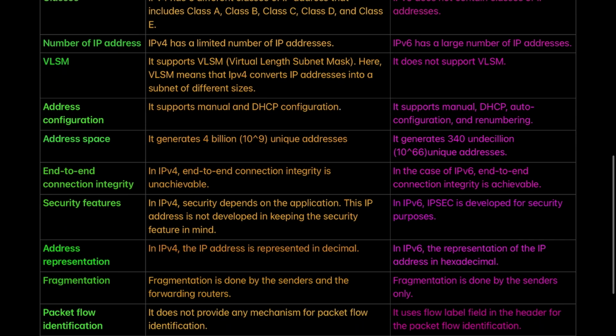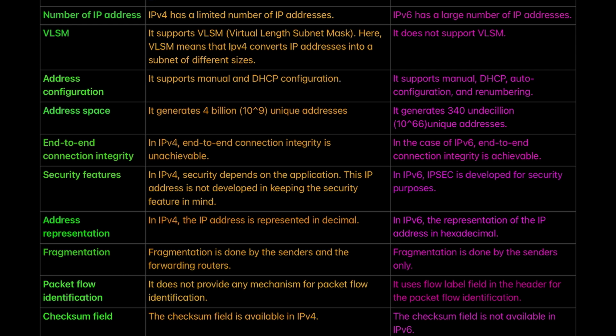In IPv4, end-to-end connection integrity is unachievable. End-to-end connection integrity means that from one particular point to another particular point there should be connection integrity, but that is unachievable in IPv4. In the case of IPv6, end-to-end connection integrity is achievable.